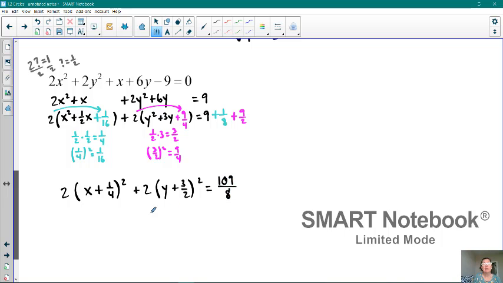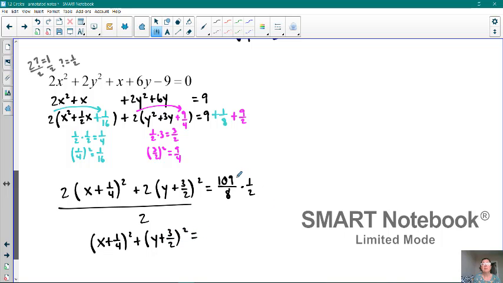That's a 0. I'm close. I need to divide by 2. I can put that as divide by 2, but when I've got a fraction, I'd much rather multiply by 1/2. So we have x plus 1/4 quantity squared plus y plus 3/2 quantity squared is equal to 109 over 8 times 1/2, which is the same as dividing it by 2, is 109 over 16.